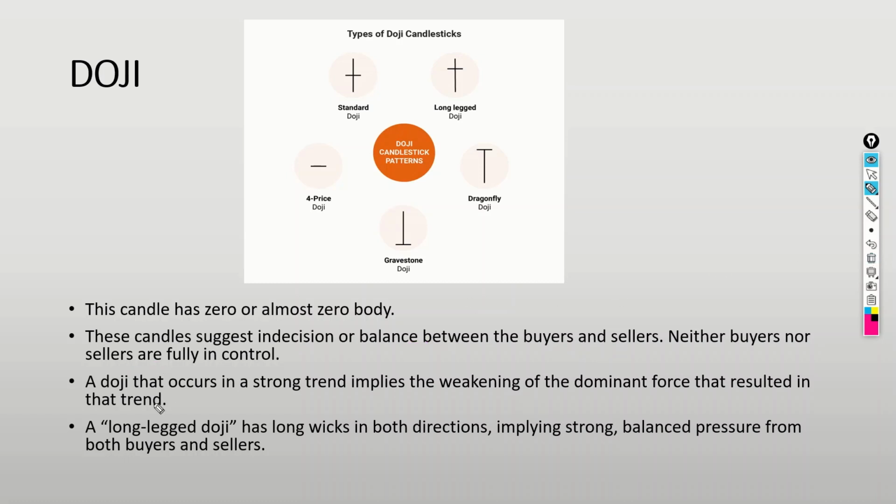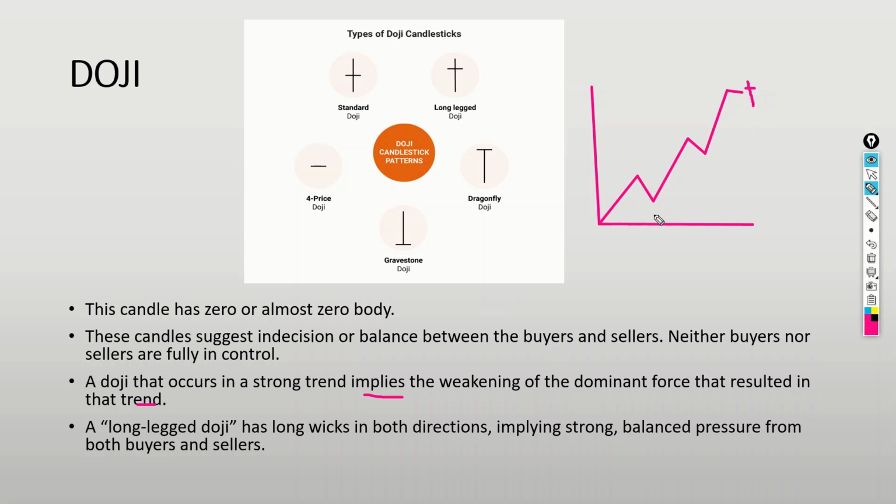Okay. So a doji that occurs in a strong trend implies the weakening of the dominant force that resulted in the trend. So what are we trying to mean? For example, if we have a clear uptrend like that one, and then at the tip here, we get a doji like this one.